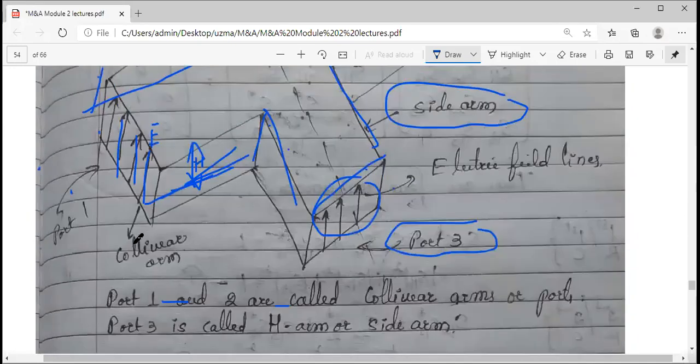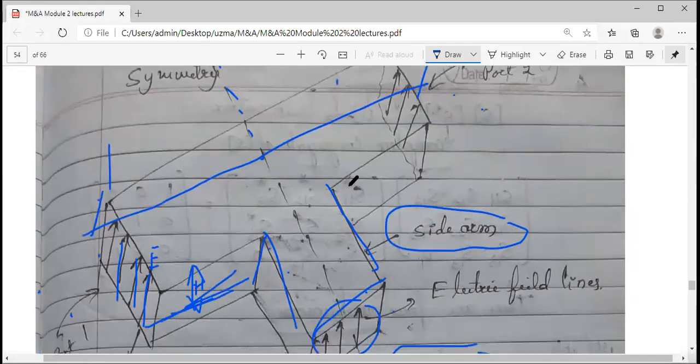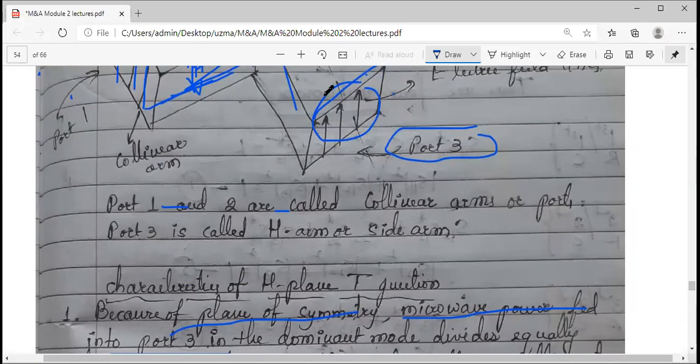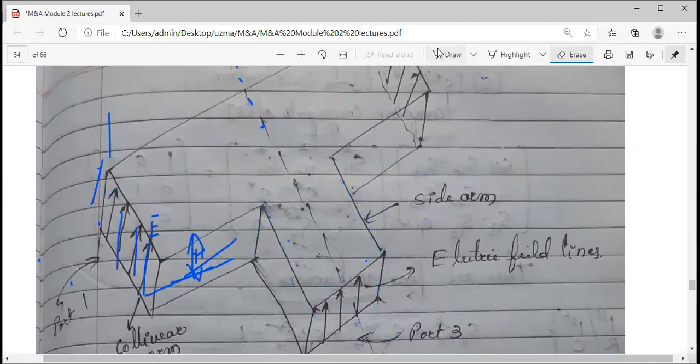Characteristics: you can see there is a plane of symmetry in this figure, right? If you fold it, both halves coincide with one another. So there is a plane of symmetry. Because of this plane of symmetry, whatever microwave power you feed in port 3, it gets equally divided between port 1 and port 2.